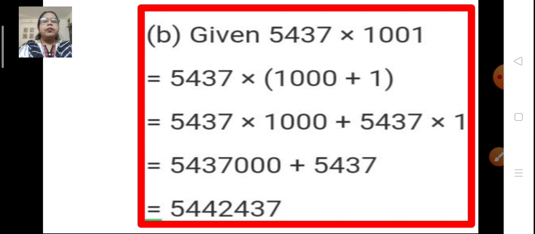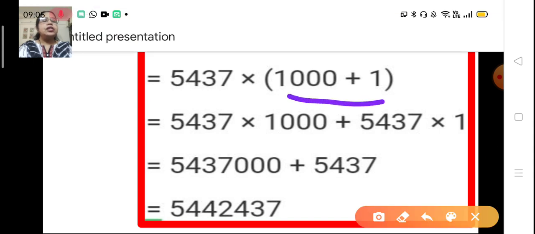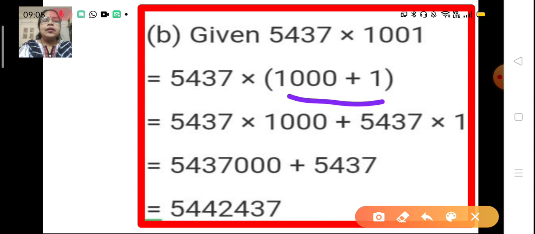Now, next one, B, is 5,437 multiplied by 1,001. So, 1,001 can be taken as 1,000 plus 1, isn't it? Now, using distributive property, we will multiply 5,437 by 1,000 and also by 1 and then add them.